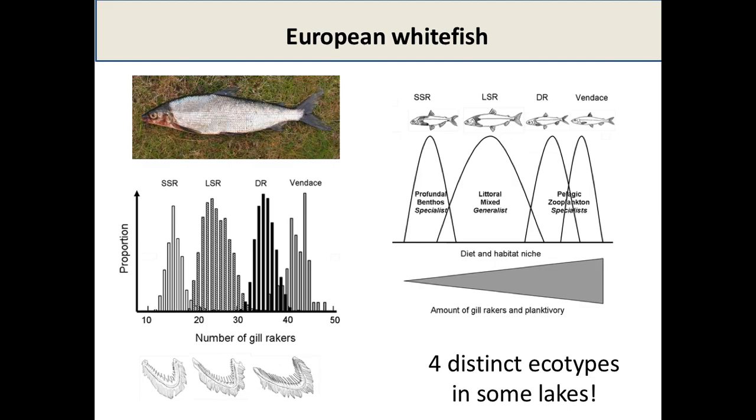This is happening in Europe, and in some of the systems that I used to work on, where we've got this wonderful fish here, the European whitefish. In some large, deep post-glacial lakes in Europe, we've got four distinct ecotypes in some of these lakes.